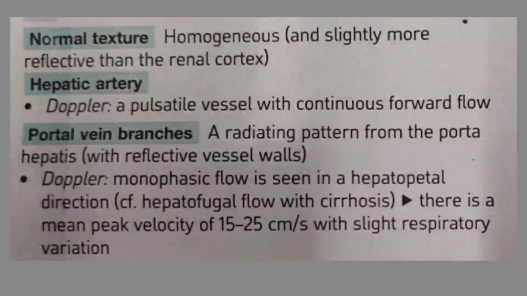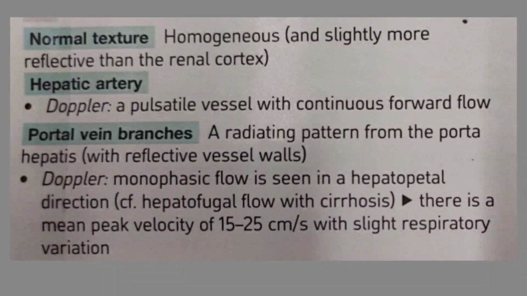After homogeneity, two important anatomical structures should be looked for. The first is the hepatic artery. The hepatic artery can be picked up using Doppler signals, so you can appreciate a pulsatile vessel with continuous forward flow. That would be the hepatic artery. Portal veins are divided into multiple branches, with a radiating pattern from the porta hepatis and reflective vessel walls.